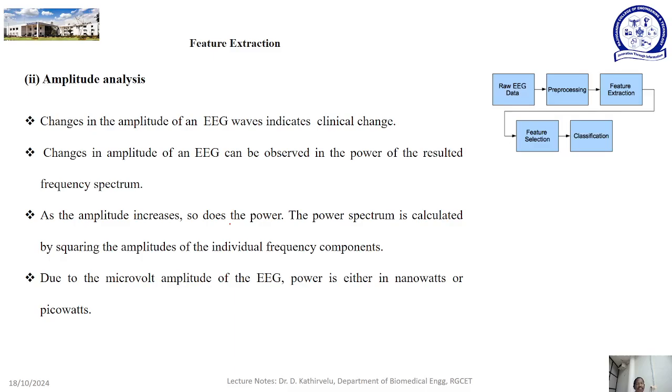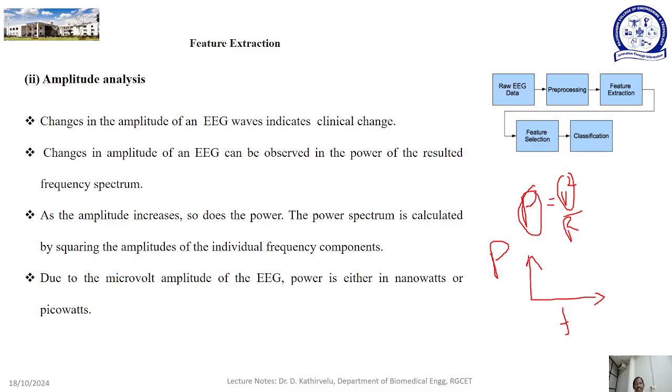We know that the power of any signal can be obtained by V square by R. That is, power is a function of the square of amplitude. We plot the power density spectrum, where power is on the y-axis and frequency is on the x-axis.